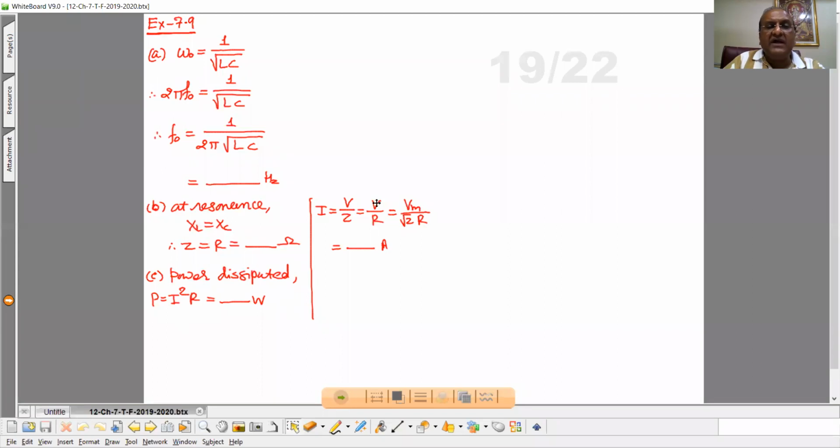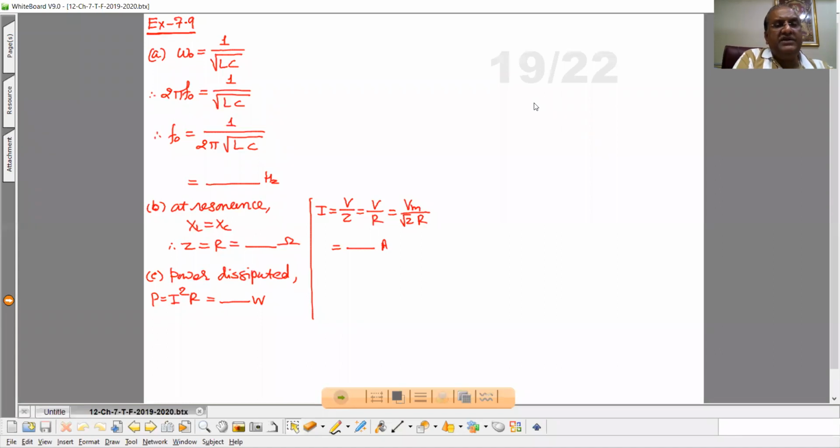So you can write RMS voltage, that is peak voltage by root 2. So now finally you can write I, that is Vm by root 2 R. So substitute here the value of Vm from the previous example, R that is 3 from the previous example, and calculate I, and then you can calculate power P, that is I square R. Clear to all of you?